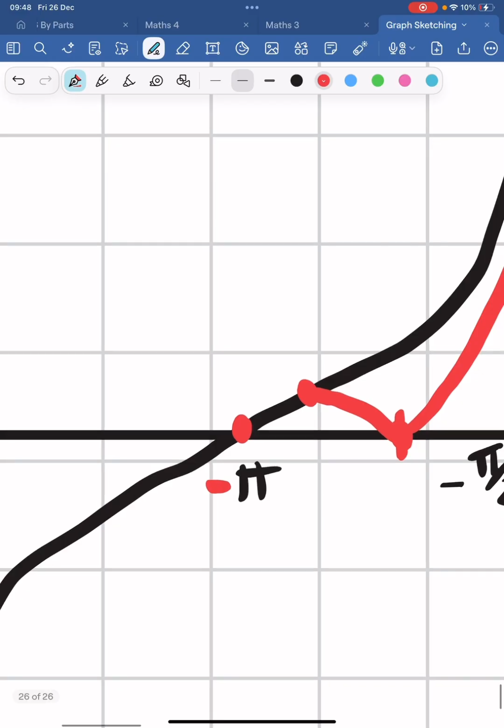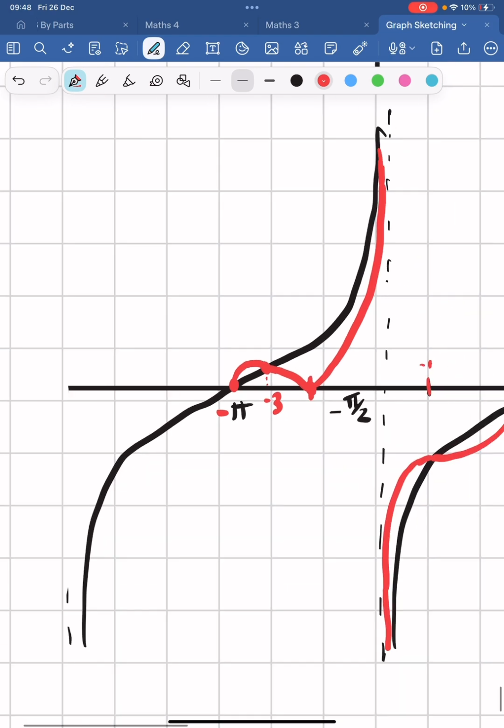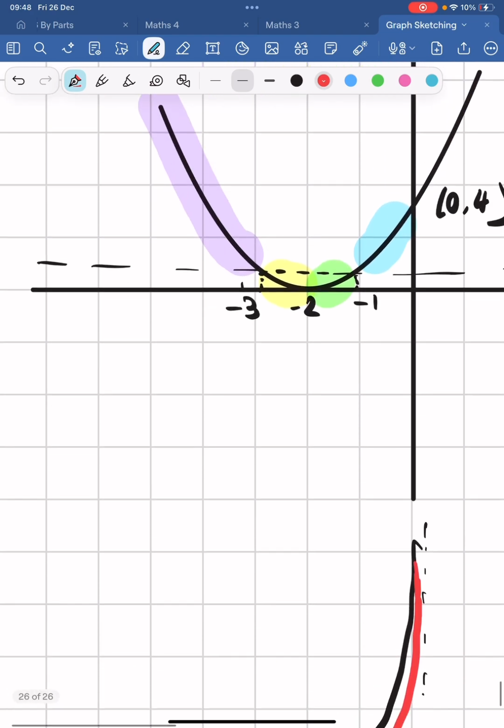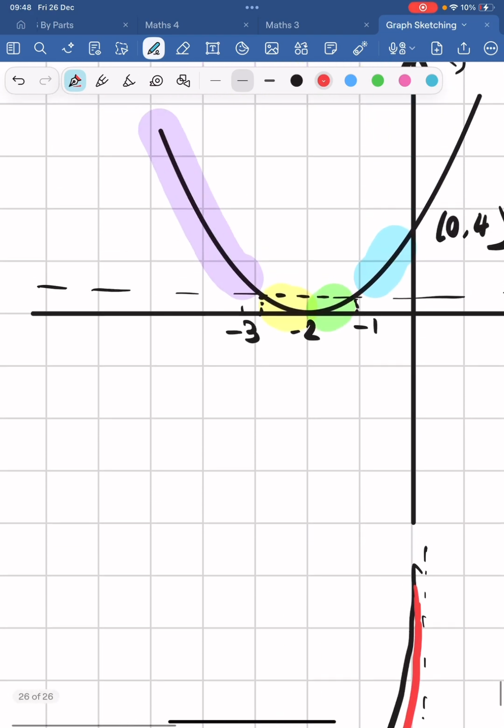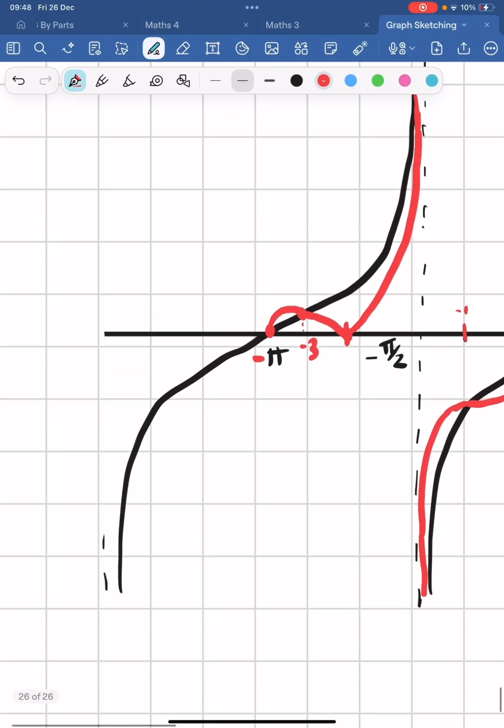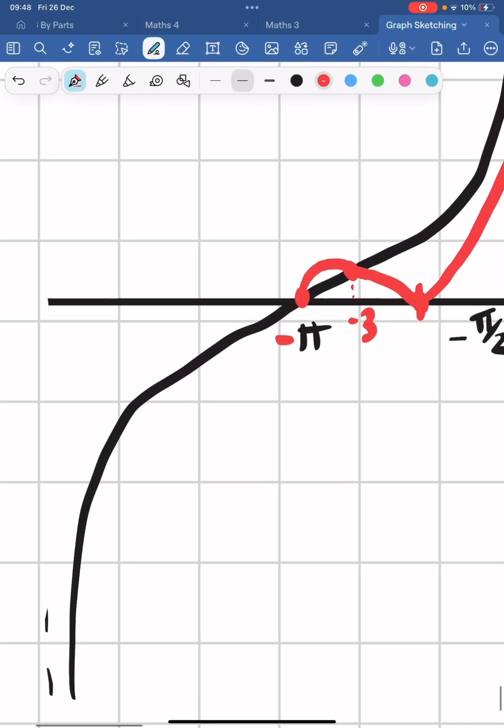This was minus 3. This was 1. And then in between minus pi and minus 3, we're multiplying by a number greater than 1. So we can say our new graph is larger than tan x, and then before minus pi, we're still multiplying by a number greater than 1.